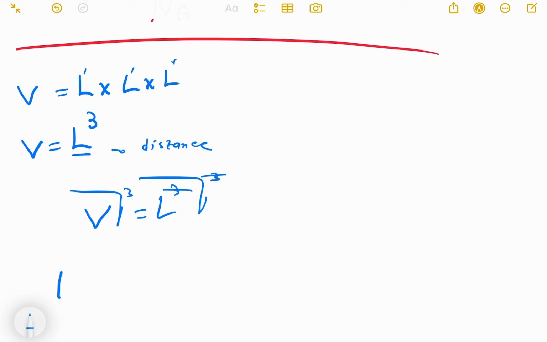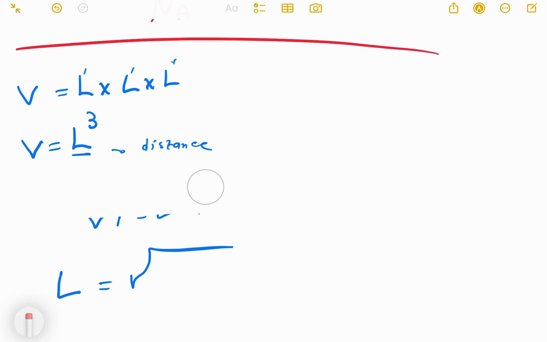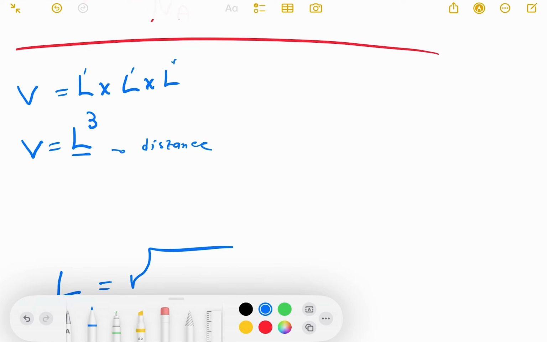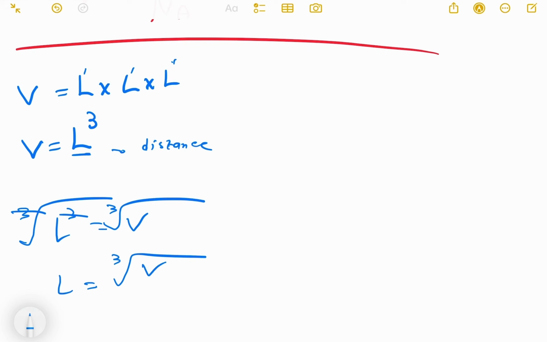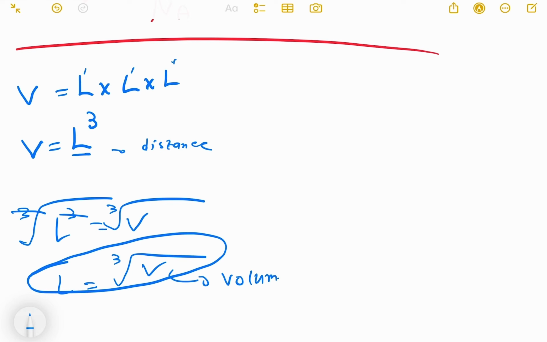You have length, which is equal to the cubic root of volume. You have length alone, you have distance alone: distance is equal to the cubic root of volume. Now careful, this is the volume of a single atom.